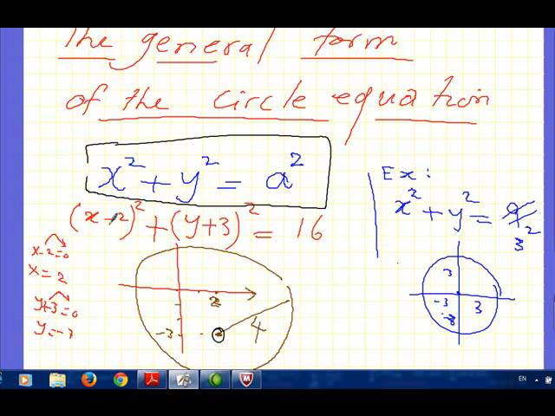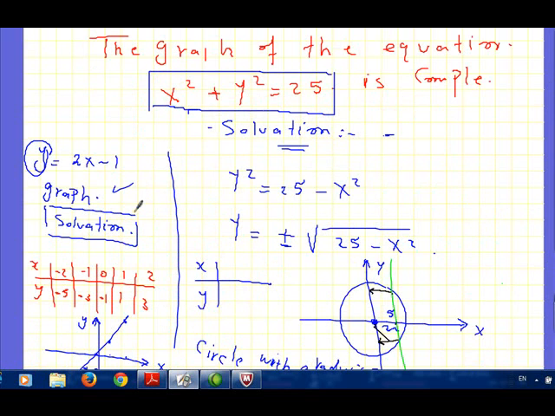Its center will be 2 and negative 3 with radius 4 centimeters. The graph of the equation x squared plus y squared equals 25: we can put x and get the corresponding values of y. Then we can write it like that.